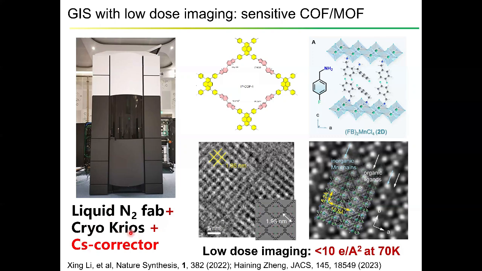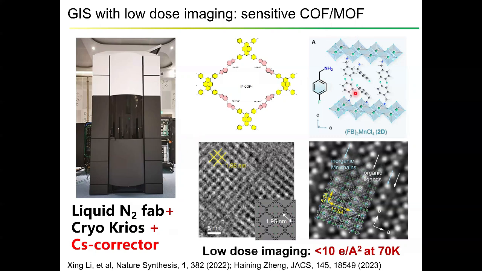And this microscope is a very special one because it is equipped with a Cs corrector, so that the spatial resolution of the cryo-TEM can reach as good as the analytical TEM. Okay, so we use this cryo-TEM with the liquid nitrogen fabrication technique to observe a lot of MOF and COF materials.